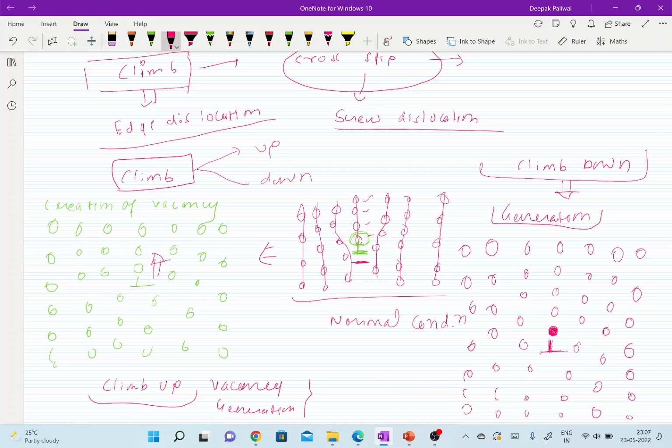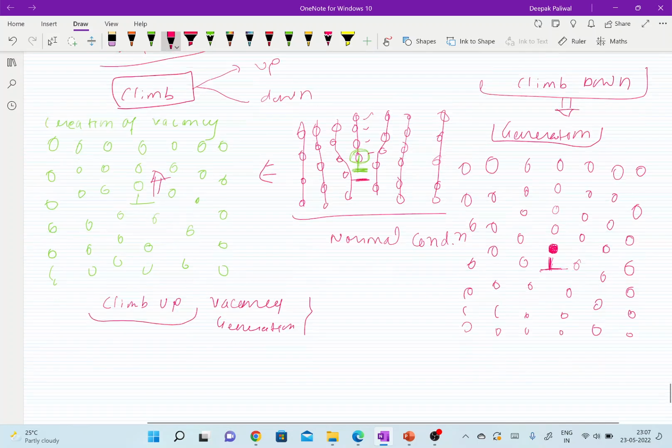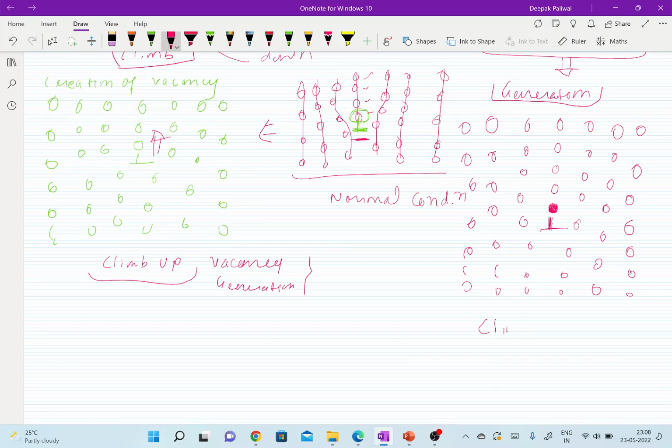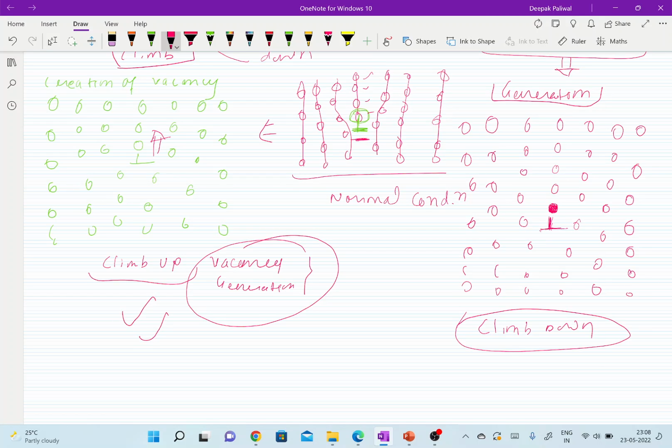So this is called climb down. In short, what we can understand is that if there is vacancy generation, then there is a climb up. If there is an interstitial present there, then there will be climb down. So this climb is mainly associated with the edge dislocation.